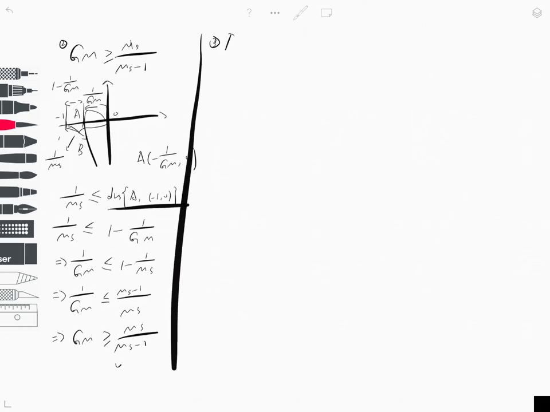First of all, we notice that there are two inequalities here.